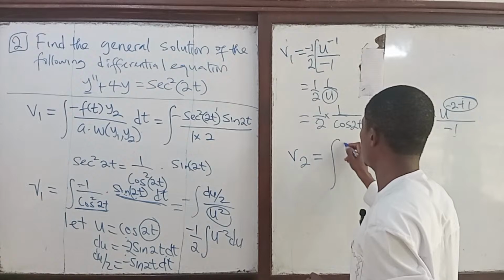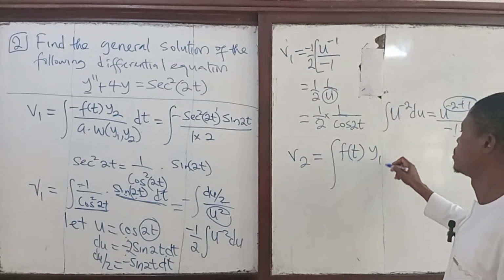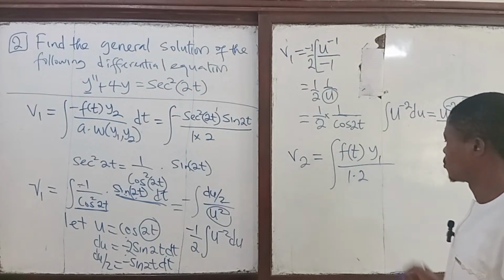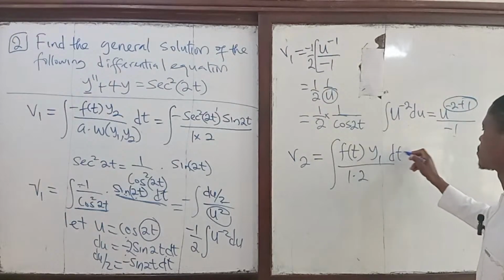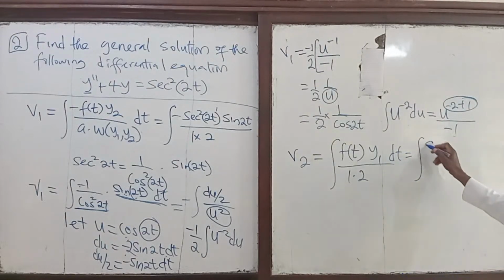V2 is f of t, y1 over the Wronskian. I don't have to waste time: 1 times 2, and then the t. My f of t is sec square 2t.